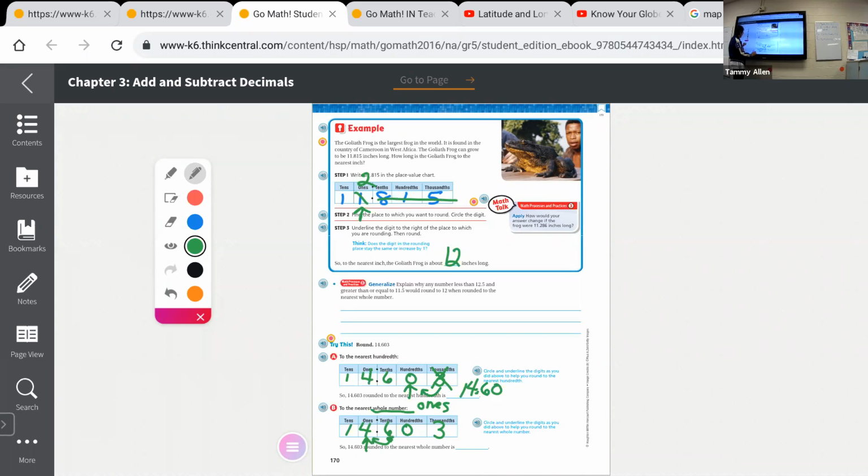Round up. It becomes a 5. We eliminate everything to the right because it's after the decimal point. So our rounded amount would be 15. That's easy. Does that make sense? Okay, questions on that?